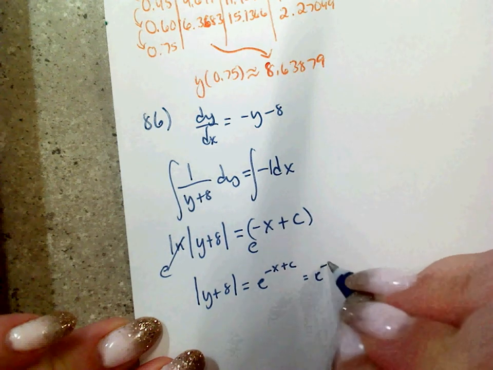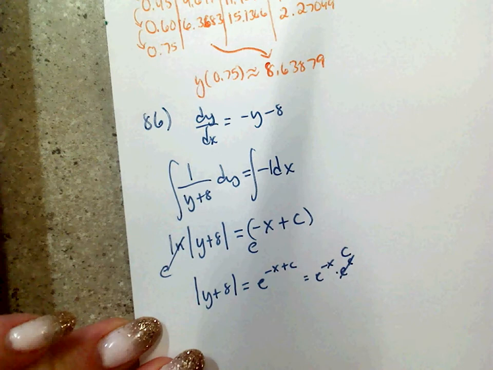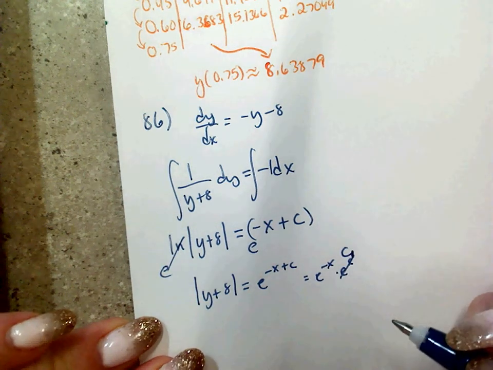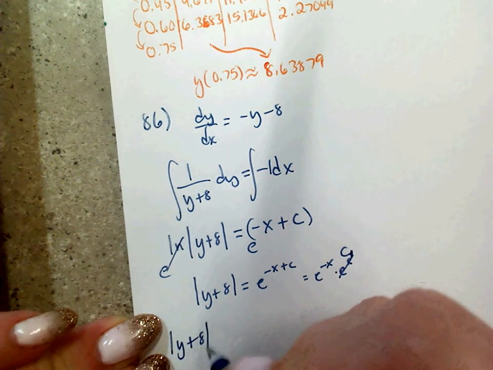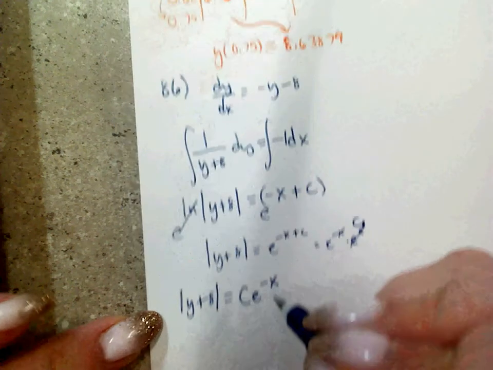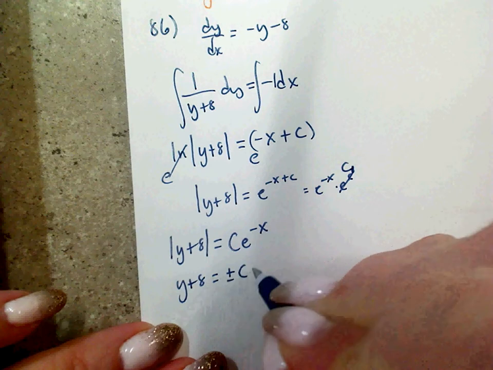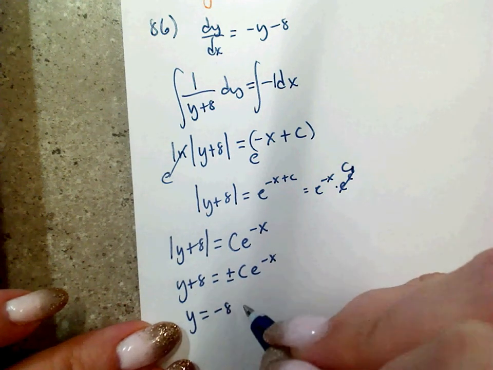Maybe you could put like a c1, so it's a different c, but whatever. So the absolute value of y plus 8 equals c e to the negative x. In order to get rid of an absolute value, you put plus or minus, but the c can absorb that, and we subtract the 8. So it's negative 8 plus or minus whatever c e to the negative x.